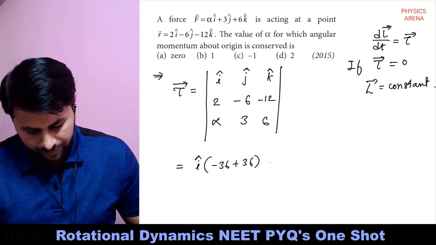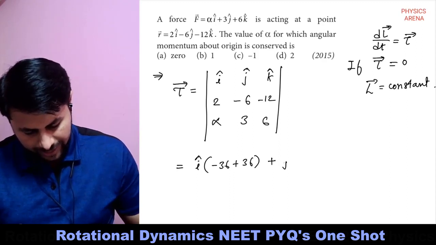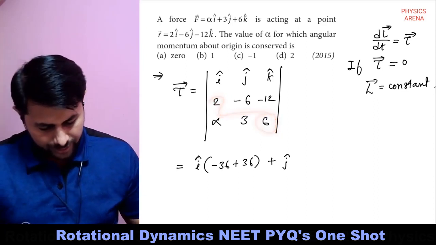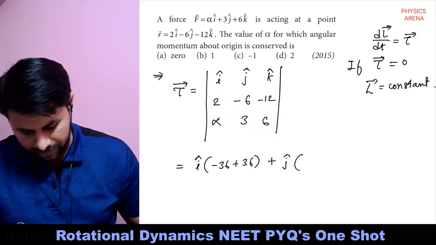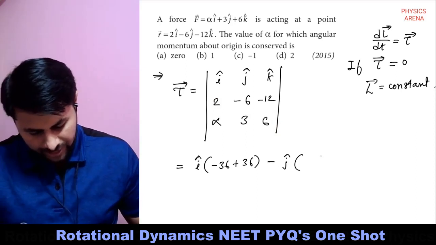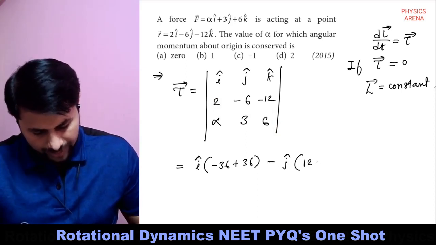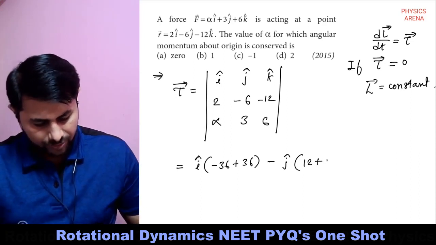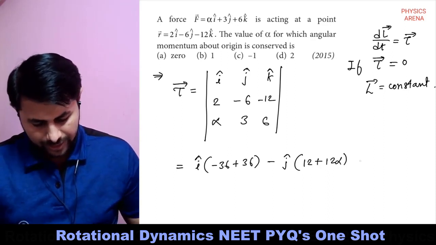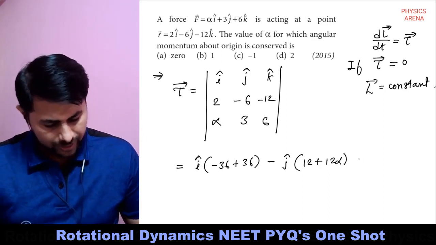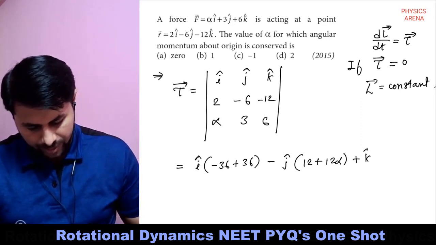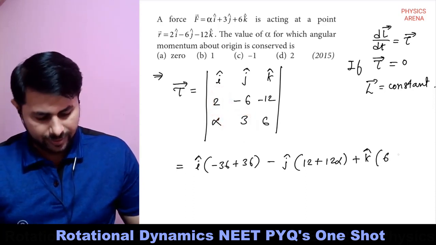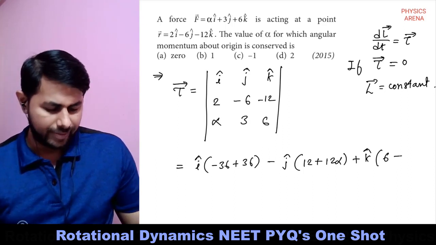So this will be 0, plus minus j cap times 6 times 2, which is 12, minus 12 times alpha. So that is plus 12 alpha. And then you have plus k cap times 3 times 2, which is 6, minus 6 times alpha.